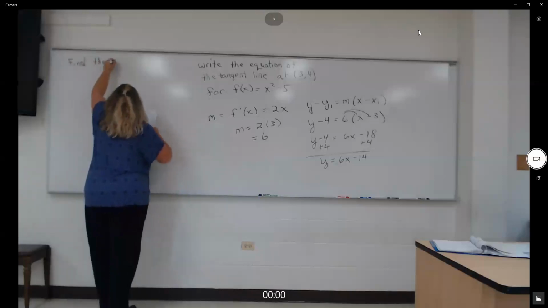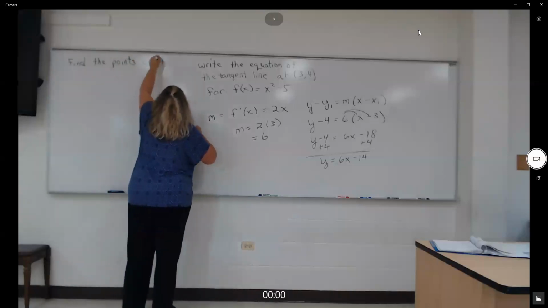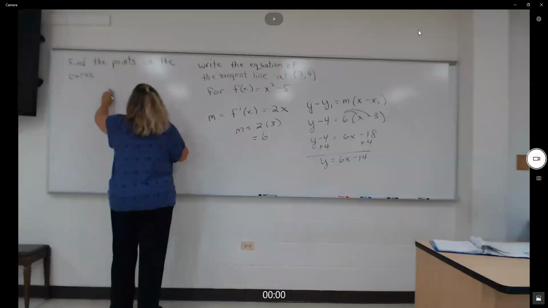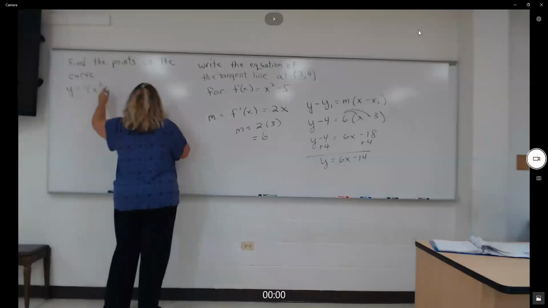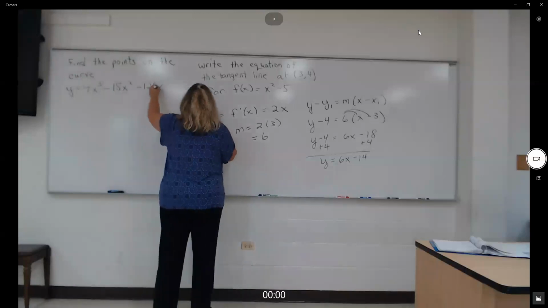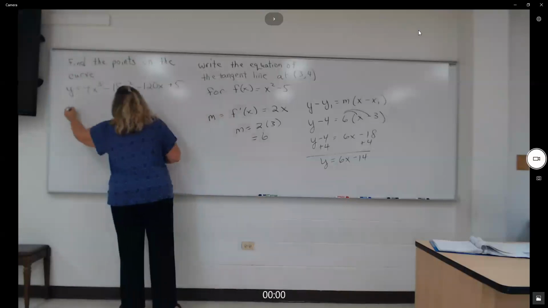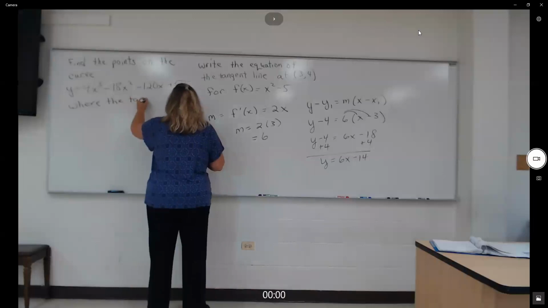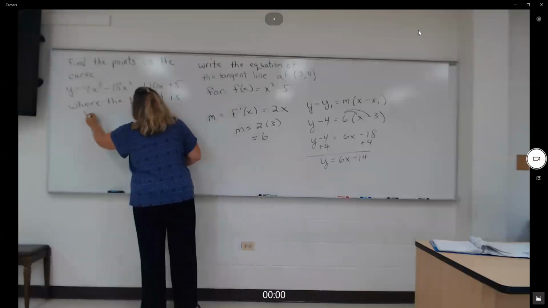Find the points on the curve, and here's the curve: y equals 4x to the third minus 18x squared minus 120x plus 5. And then we wanted where the tangent is horizontal.